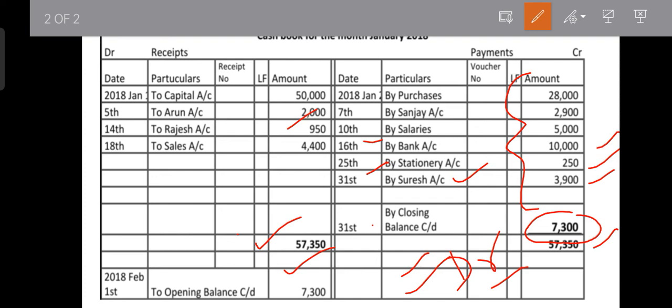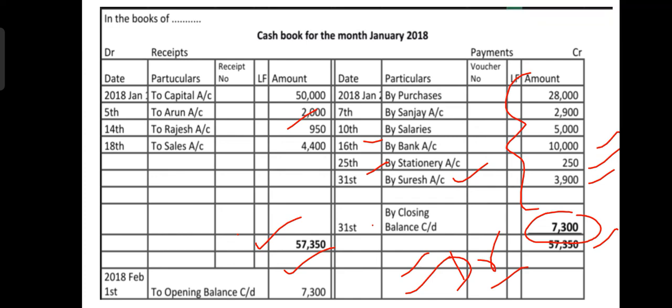Like this we need to prepare a simple cash book, that is a cash book with a single column, on both sides, debit side and credit side, or receipt side and payment side. We have two amount columns, okay, one single amount column each. That book we are going to call a cash book or simple cash book.